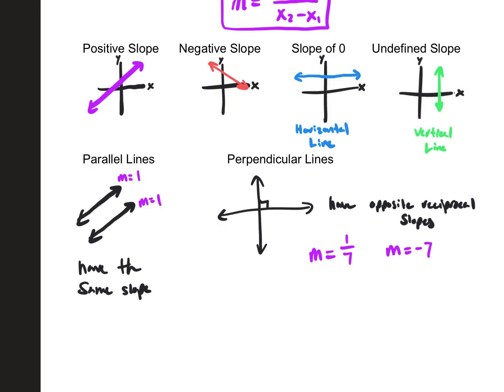So this would be 7/1 or just 7. So a slope that's 1/7 is perpendicular to a slope that is -7. Or even if you had a slope that was -3/4, a slope that's perpendicular to that one would be opposite, positive, and now reciprocal, 4/3.